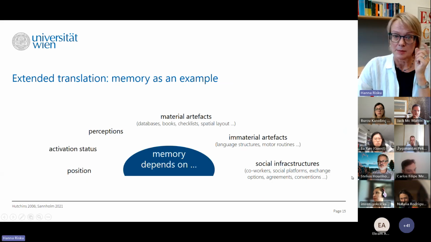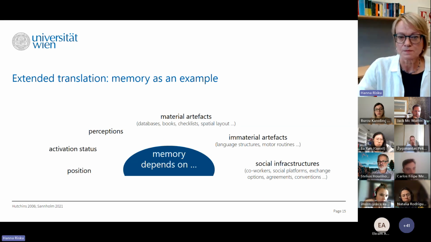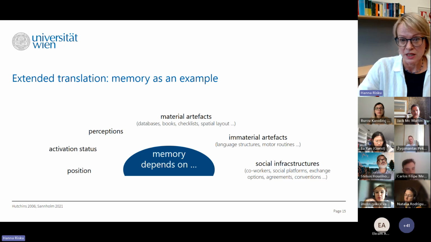Another interesting example in this context is memory, as it is an important cognitive element or function. And it is also featured in this empirical example that I will discuss in more detail later.